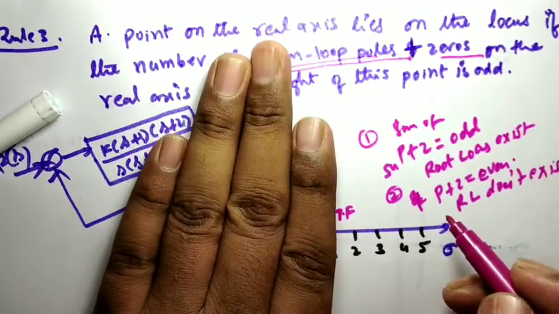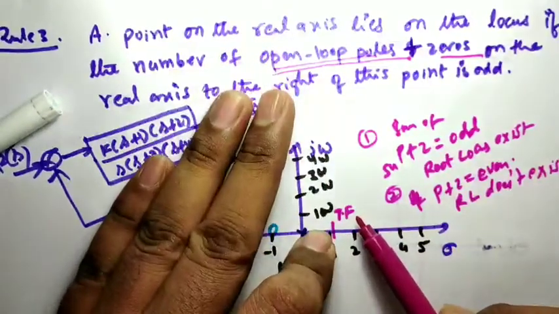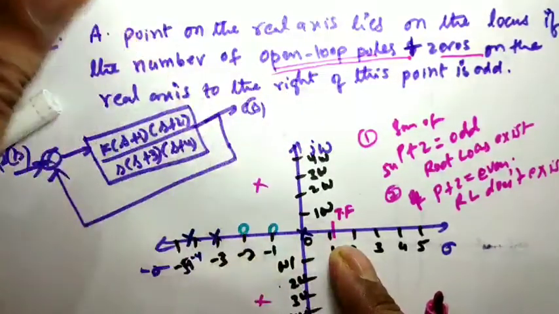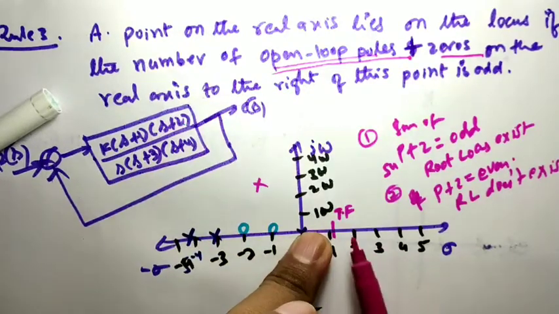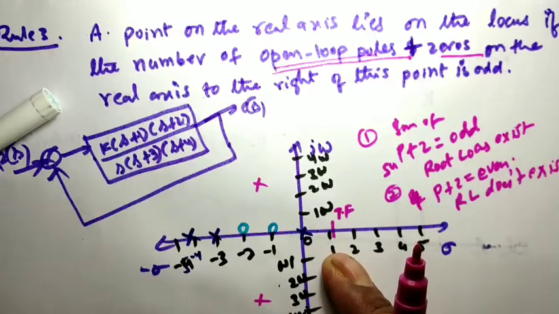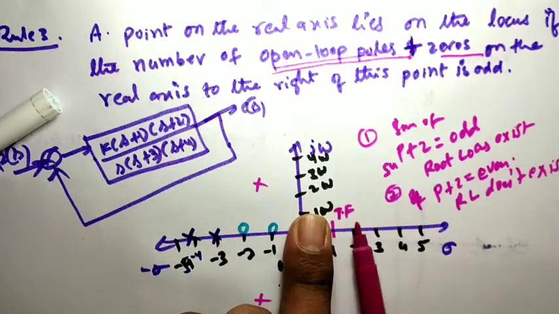This is the key point you have to remember. Test point right side, sum of poles and zeros odd, that portion will exist on the root locus; if even, the root locus does not exist.